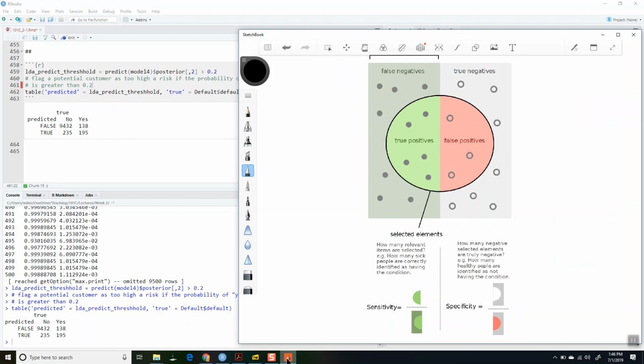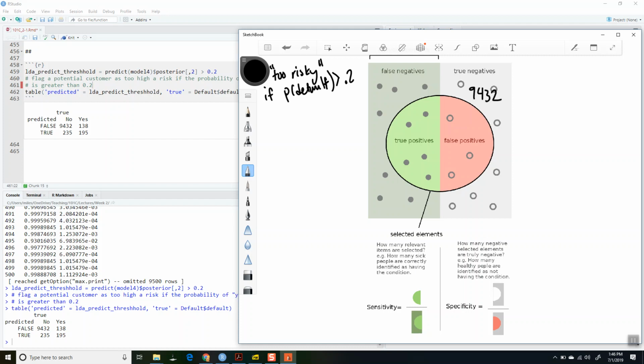Now we will say too risky for the bank if probability of default is greater than 0.2.